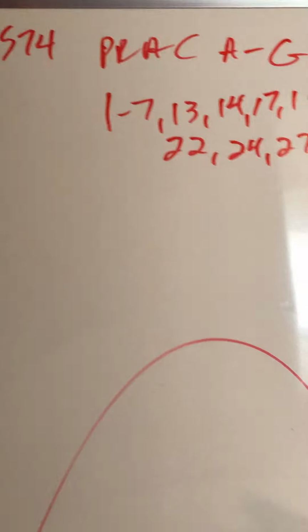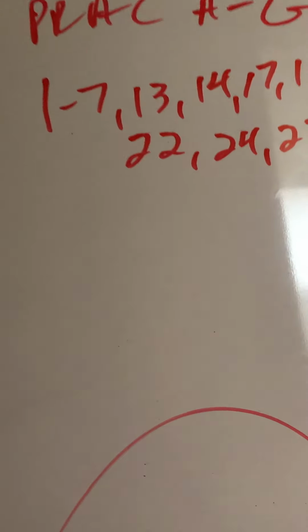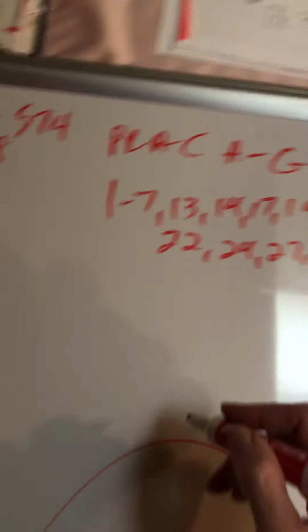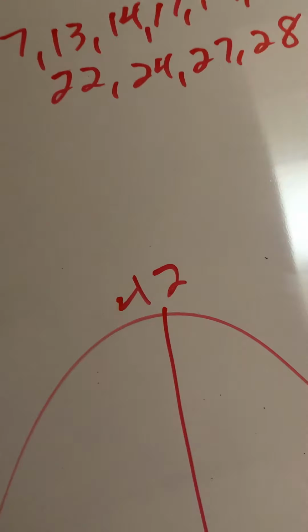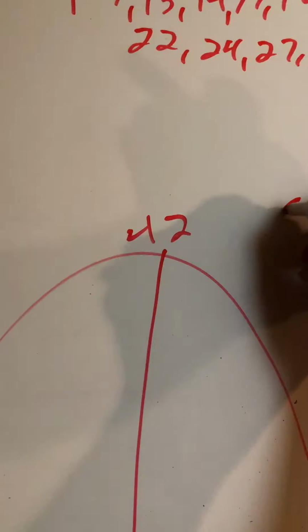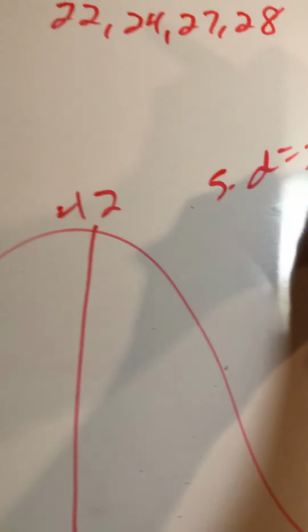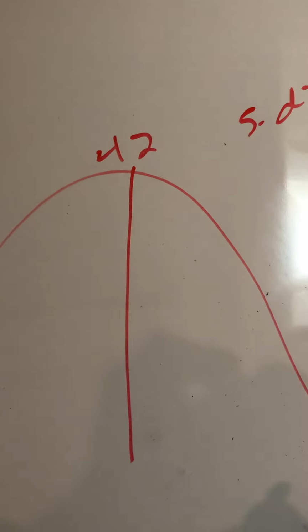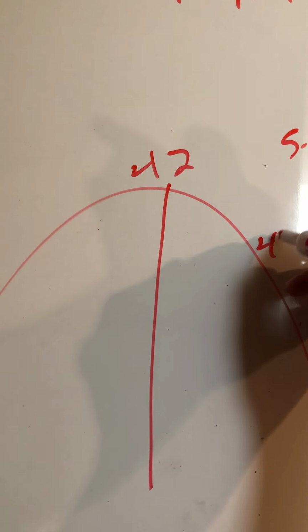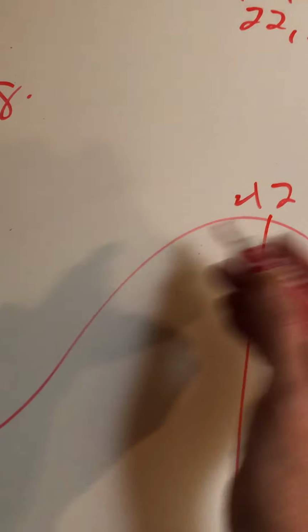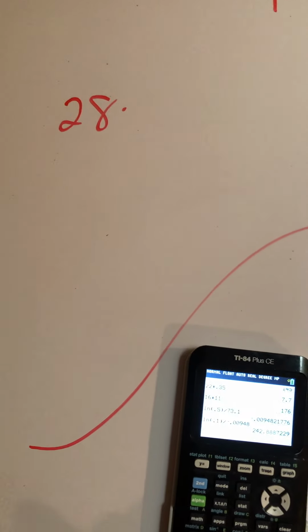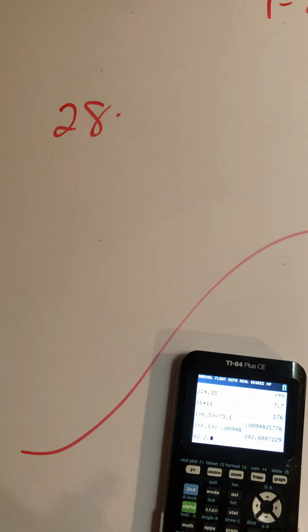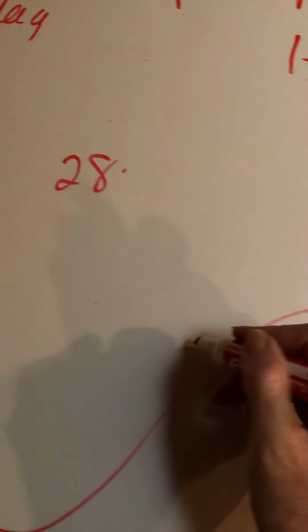So it's the height of children. They're normally distributed with a mean of 42, so 42 goes here. And then a standard deviation of 2.2. So that means you need 3 standard deviations, so you add, so 44.2, and then you subtract, so I don't get it wrong, 42 minus 2.2, 39.8.